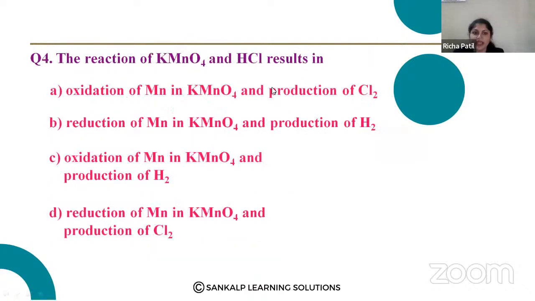The reaction of KMnO4 and HCl results in, okay, KMnO4 and HCl. So we'll write the reaction first. So I'll write the reaction here. So it will be 2KMnO4 with HCl. Okay, HCl gives you, so what happens?